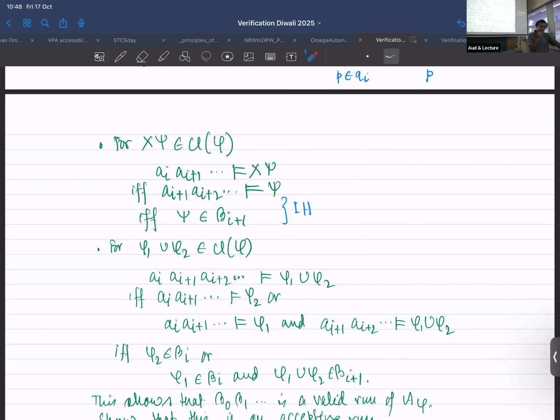So what we are trying to do is to say that from beta I we have a valid transition to beta I plus 1.